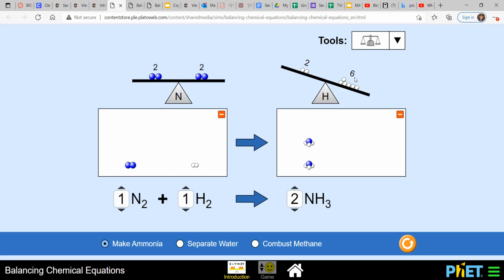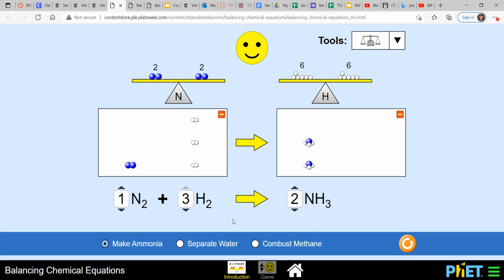We only have 2 on the left and 6 on the right. Good thing we can just add 4 more hydrogen. And here we go. So we get a little smiley face telling us that we are good to go.